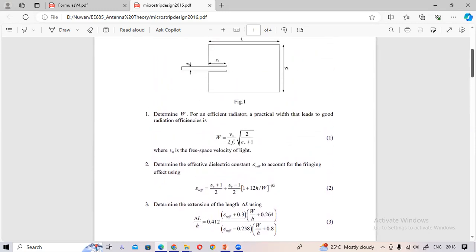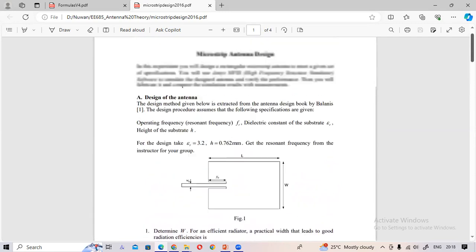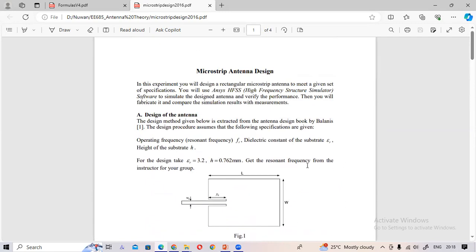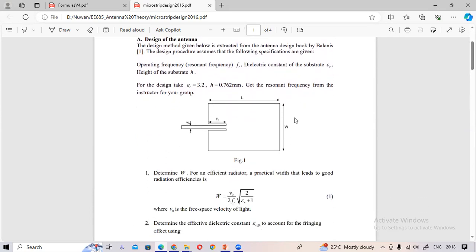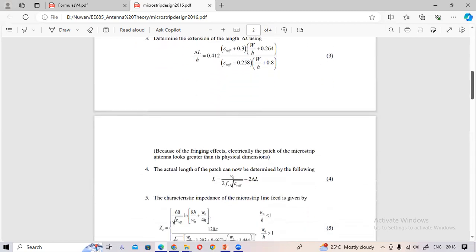You can't directly calculate it. You have to get the simultaneous equations and calculate it. So think about that also: why it is hard to calculate the square patch antenna. Because L and width are not the same, there are two different equations.